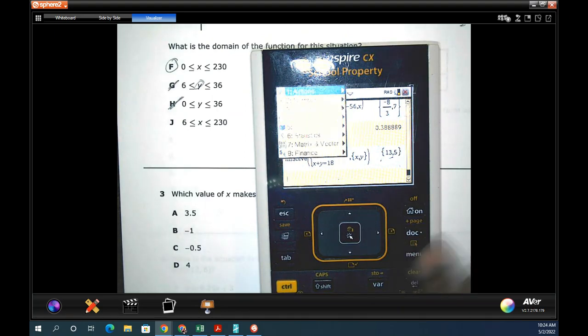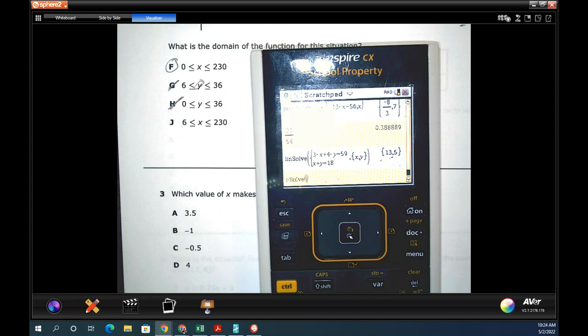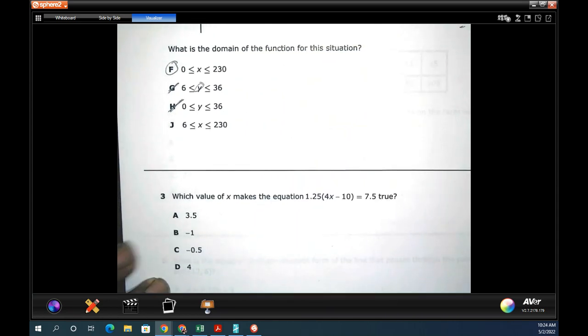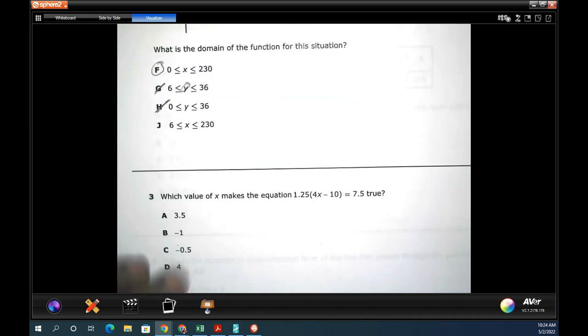So all you're going to do is go menu, algebra, numerical solve. First one. Type that equation in. You've got to be able to see it. But don't hit enter, because you're going to get a wild answer.